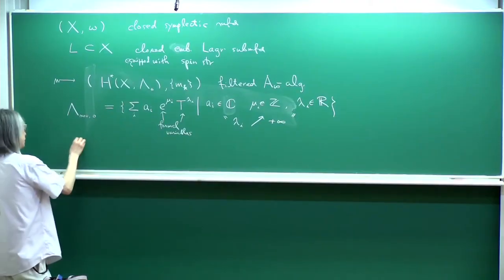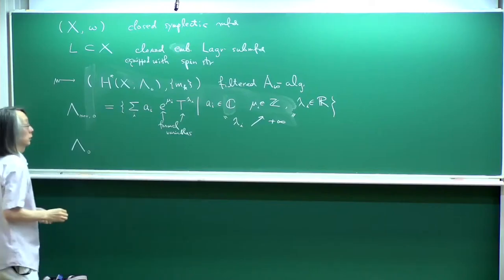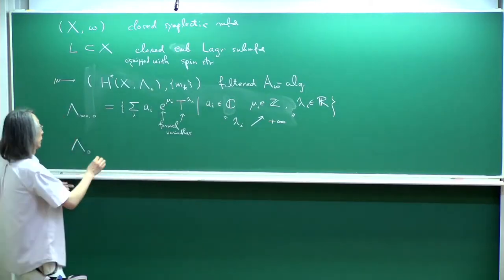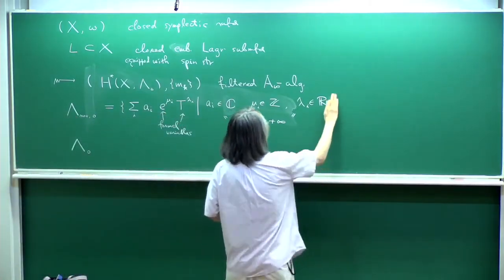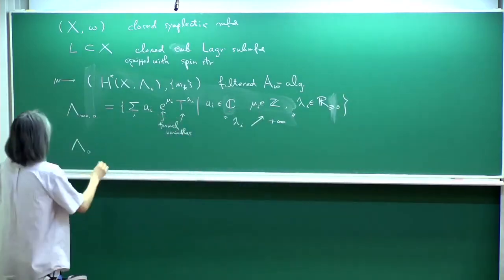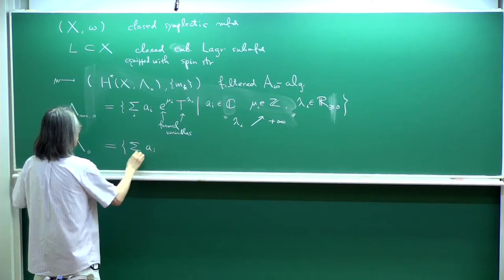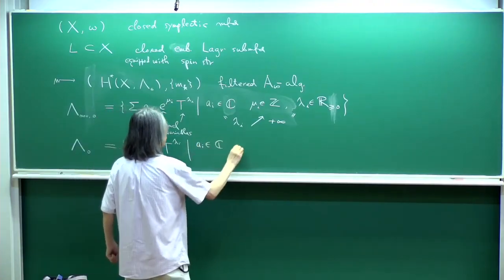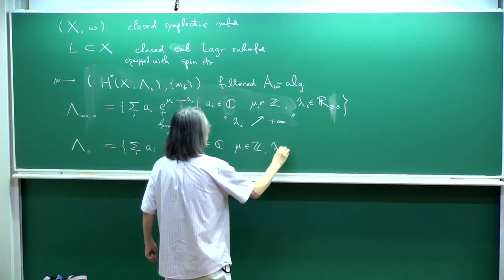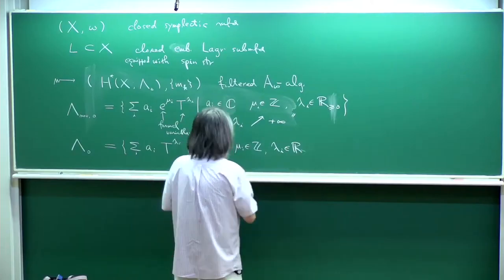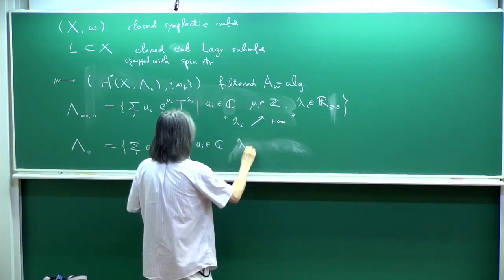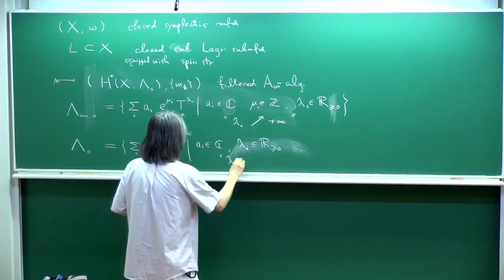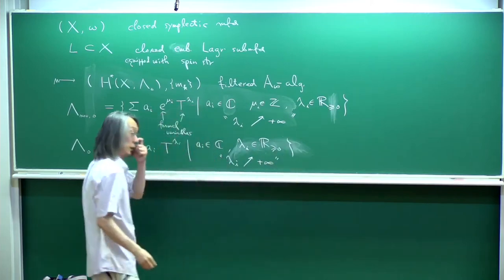Sometimes it may be easier to consider a variant of these things, namely just suppress this variable E. So this one is the same thing, but without E: a_i complex numbers and lambda_i real numbers, and if there are infinitely many terms, lambda_i diverges to infinity.